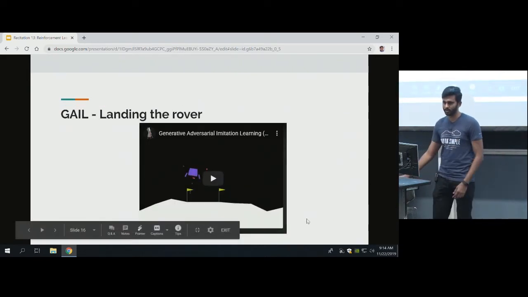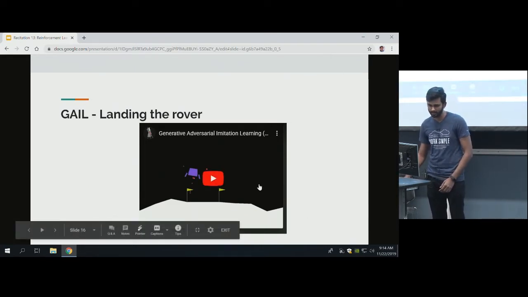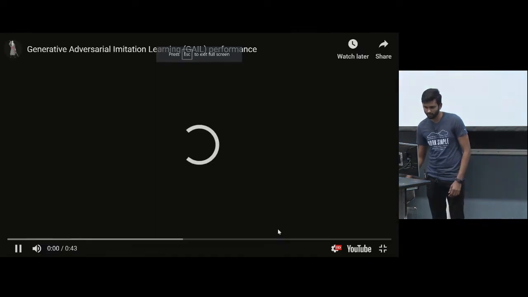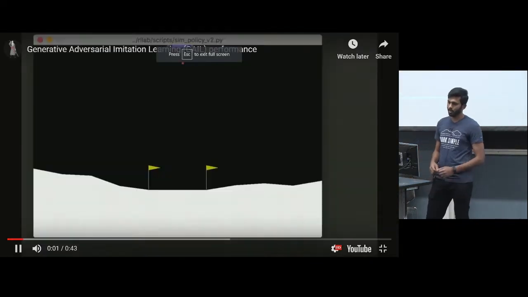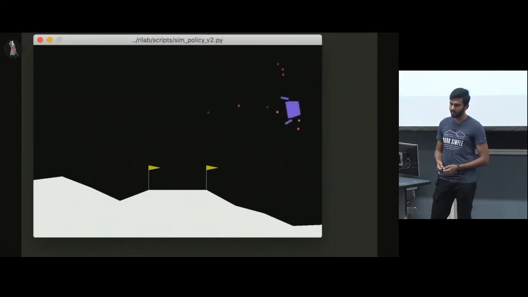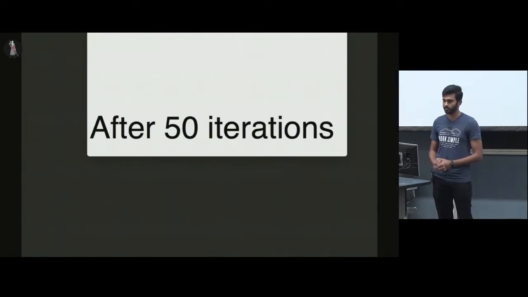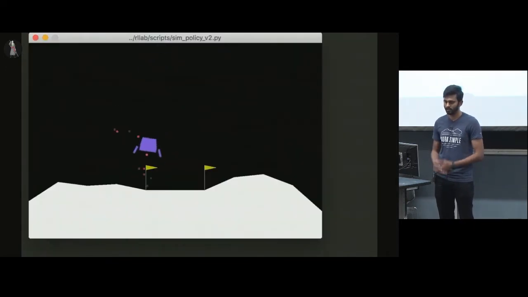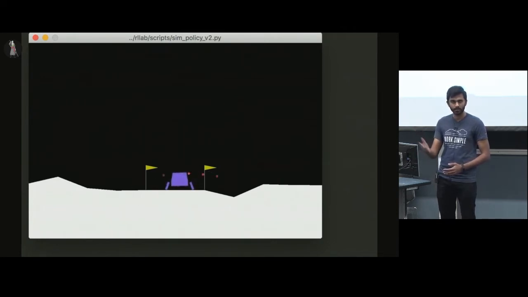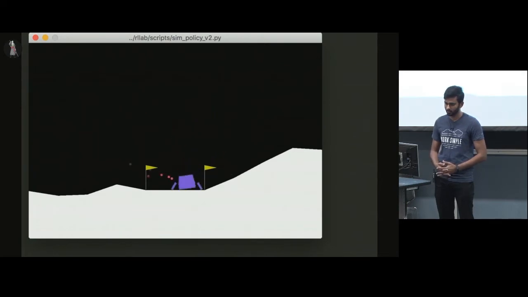Okay, hold on. Just before we move on to that, let's see how GAIL works in practice. So this is a video of a lunar lander, which is a part of a framework called OpenAI Gym, which people normally test their reinforcement learning algorithms on, where you have an agent in an environment and you learn a policy to help the agent reach a goal.